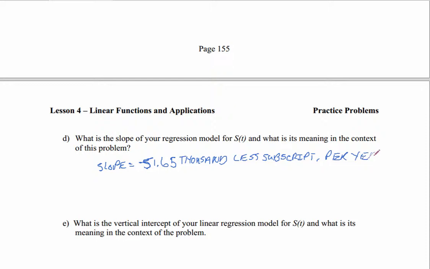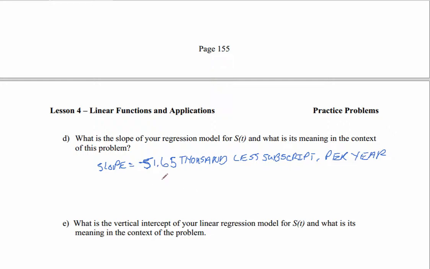So if we think about that by multiplying through by that 1,000, in other words, if we take the 51.65 and you multiply that times 1,000, then that moves the decimal point over 3 places and gives you back 51,650 subscriptions per year that are being lost.